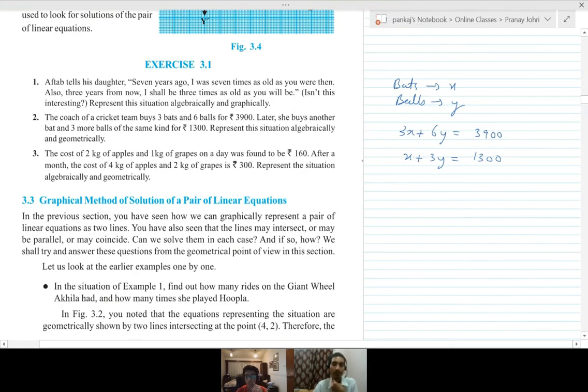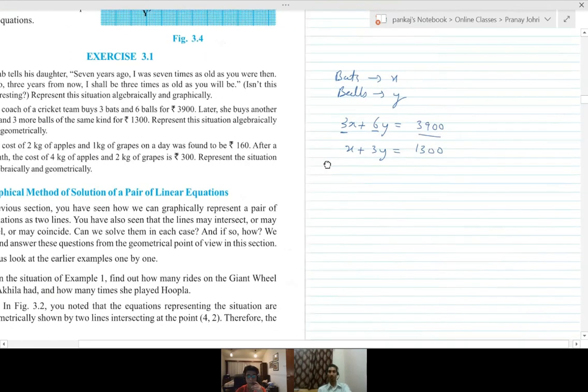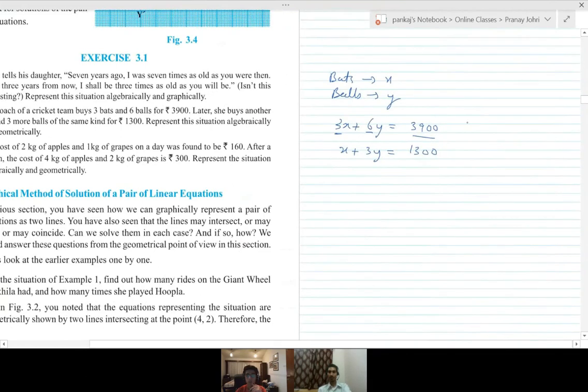So in the first case, you can have x is equal to 100. See, because here three seems common, so you can just remove that. That is one possibility.